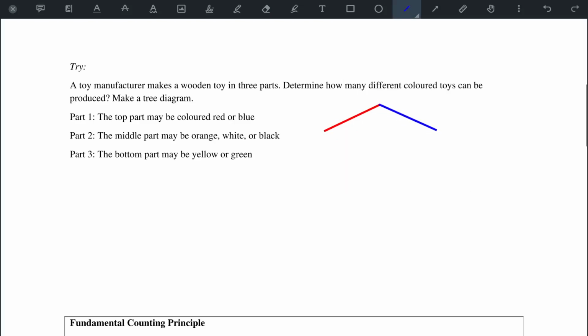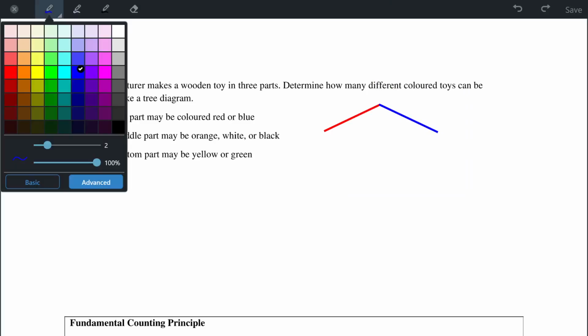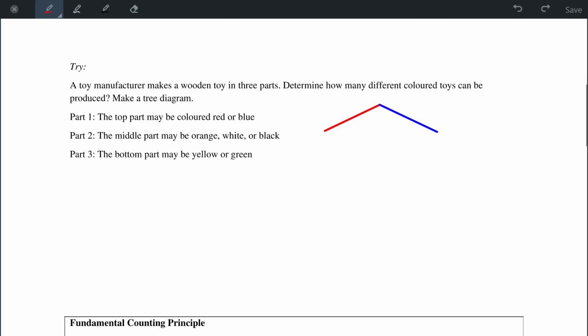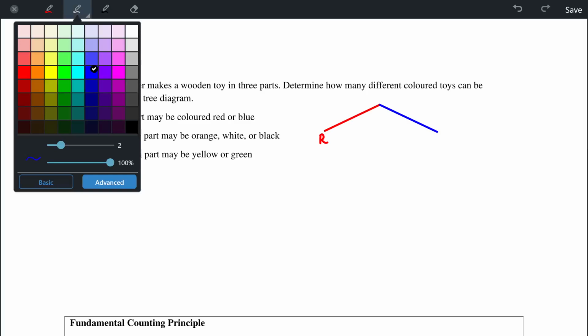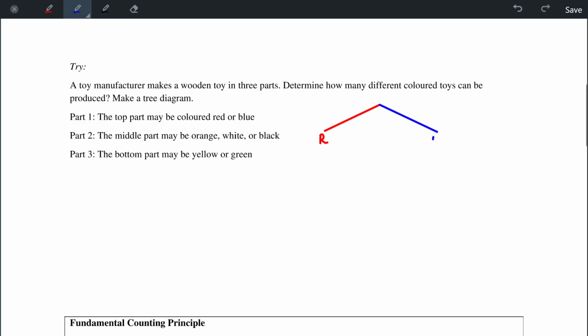So red on one side, blue on the other side. Okay, here. Red and then blue for the other side, B. And then the middle part is either orange, white, or black. So very similar to the previous example. Oops, sorry about that.